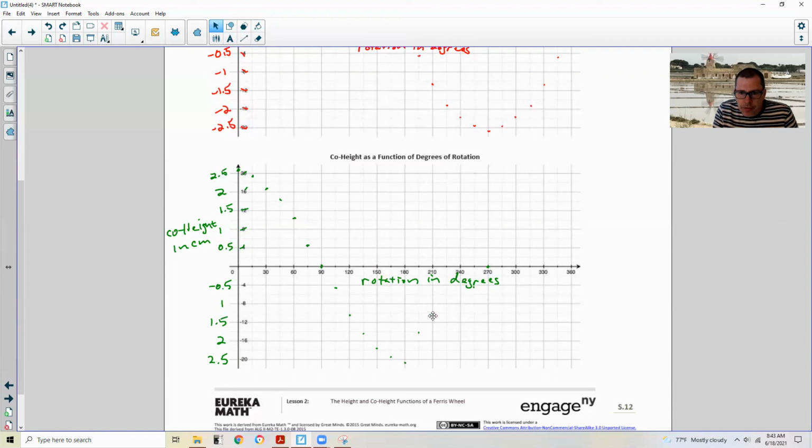This would be here. Okay, that's better. And then this one will go here and this one here. So it's a nice smooth curve curving back up, coming to 270.